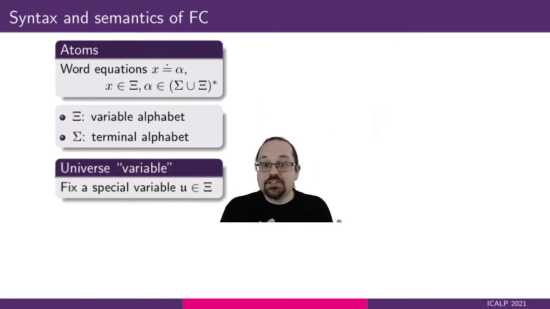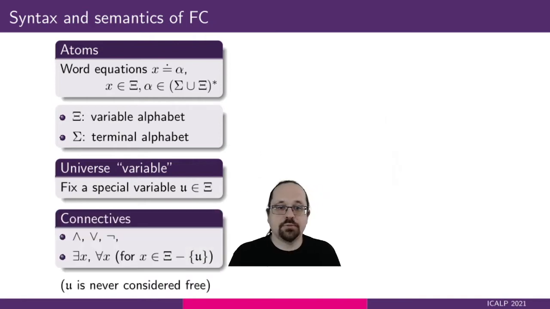We fix one special variable called u, the universe variable, that shall represent the word we're talking about. So you can see it as the input word, the word everything's working on. Technically, it's a variable because we didn't want to change semantics compared to word equations too much, but we shall use it more like a constant because that will contain the word we're talking about.